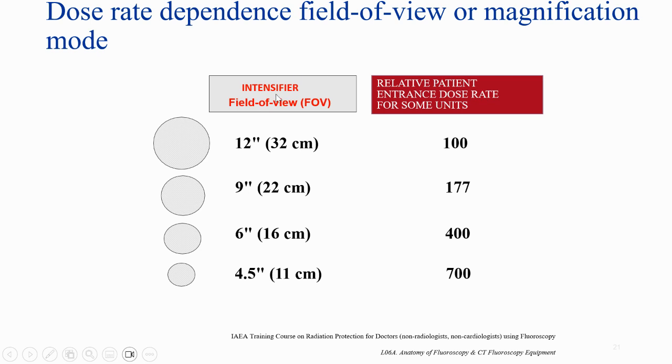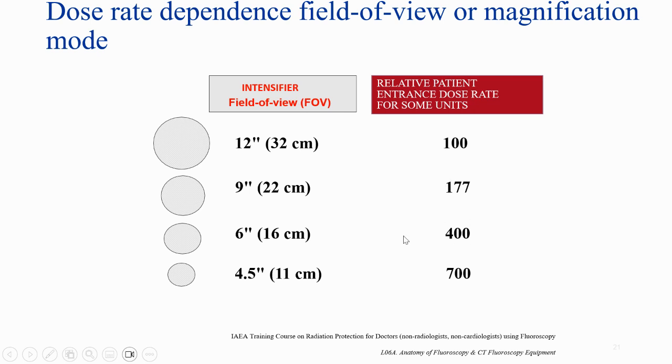As you can see here, in case you are going to use an image intensifier, the collimation goes from 32 centimeters to 11 centimeters. Here is the relative patient entrance dose rate in arbitrary units. Here is 100 units with less collimation, where 32 centimeters is the diameter of the exposed area of the image intensifier, and your field of view.